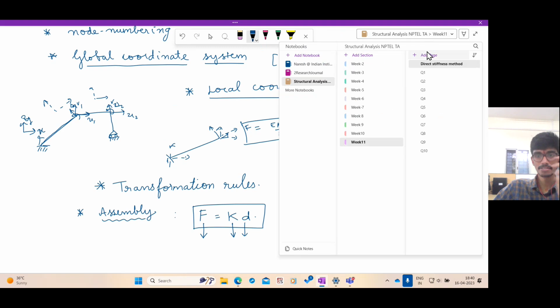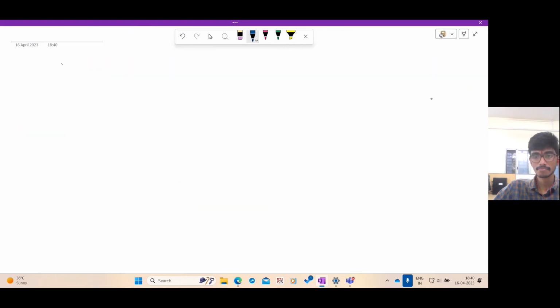So first, let us take the case of trusses. The direct stiffness method applied to trusses. As I already said, we know that the truss members are axially loaded. So suppose you have a truss member isolated from the structure.